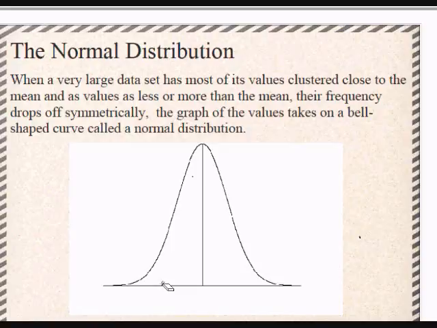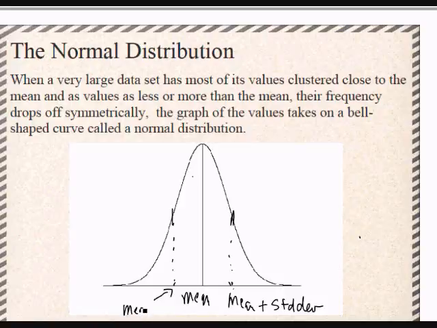This curve has some special qualities. It has an inflection point that you probably can't see, right about here. Reading down, that's the center plus the standard deviation, and there's an inflection point there. On the x-axis, the other one is the mean minus the standard deviation.